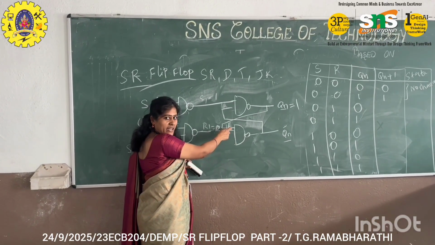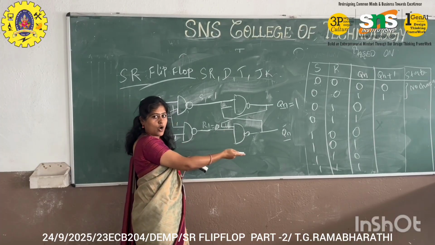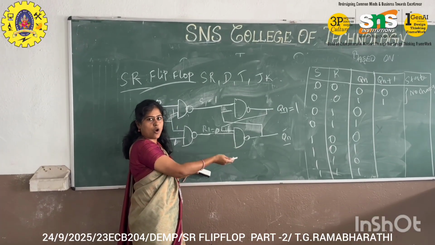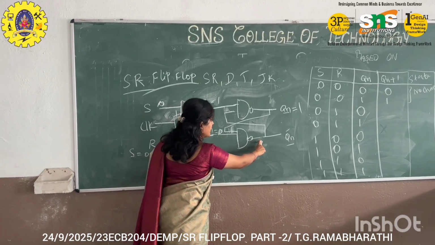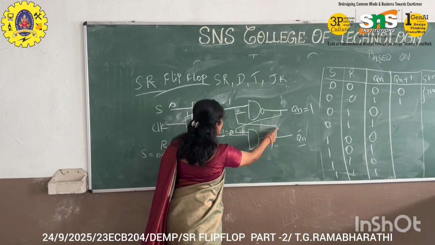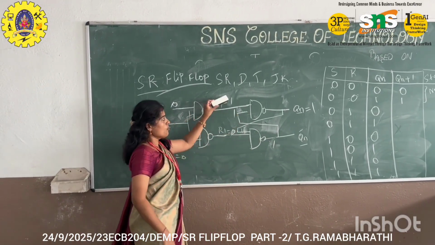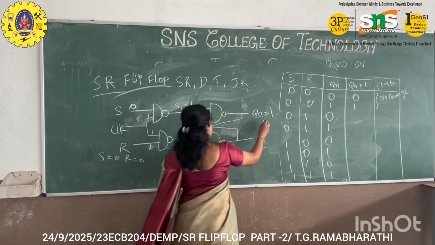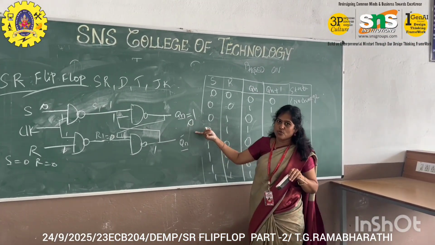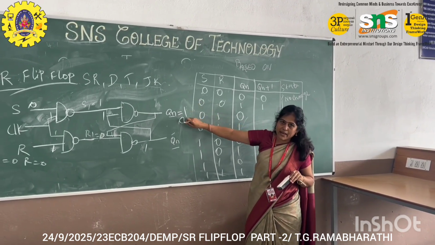So 0 is multiplied with 1, we got a 0, but it is the complement of AND. That's why our output would be 1 here. Then this 1 is given to here. Both the ones are given to the NAND gate, so output would be 0. So here you have to notice 1 becomes 0.